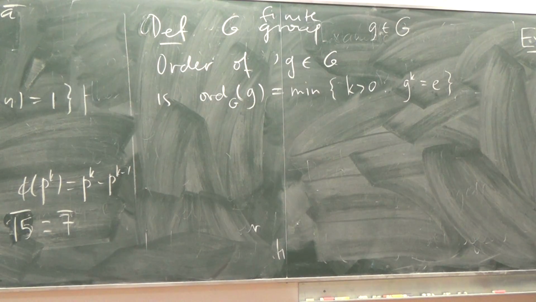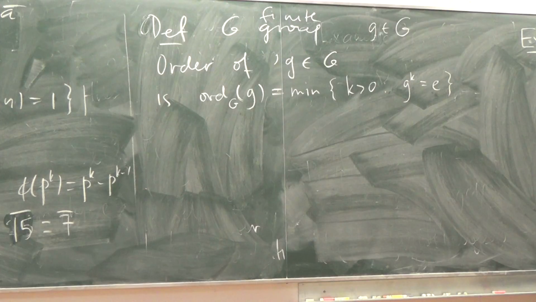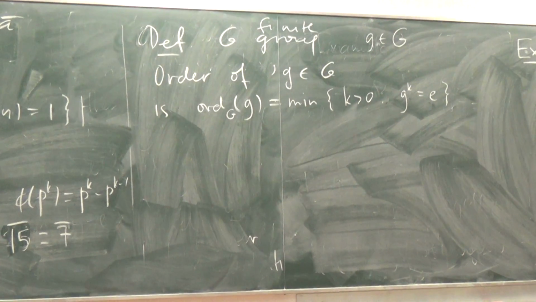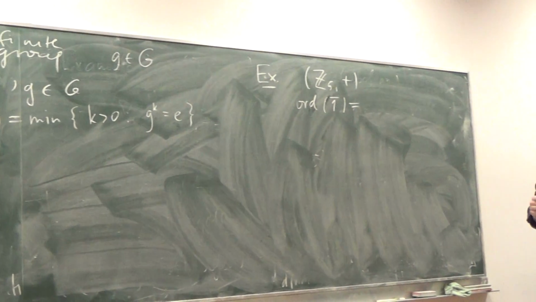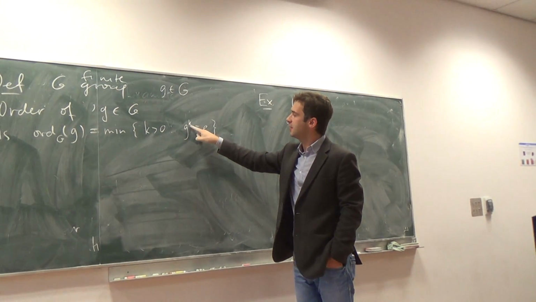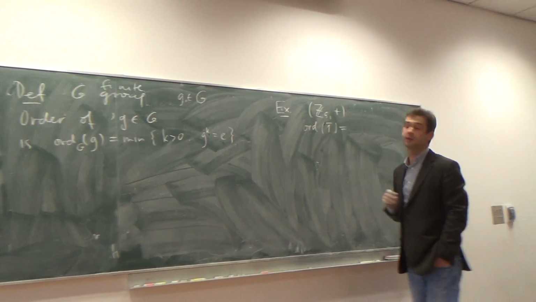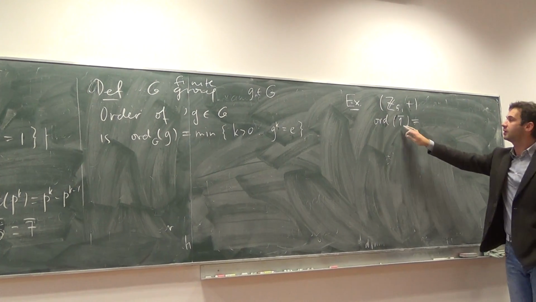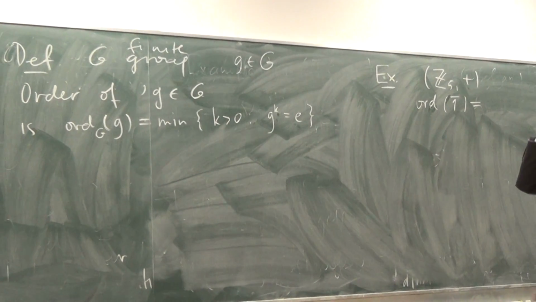If I look at Z5 with respect to addition, and I look at various elements, for example, 1. Here it's an additive group, so the neutral element is 0, and taking powers is taking sums of the element with itself. Do people see what is the order of 1 in this group?